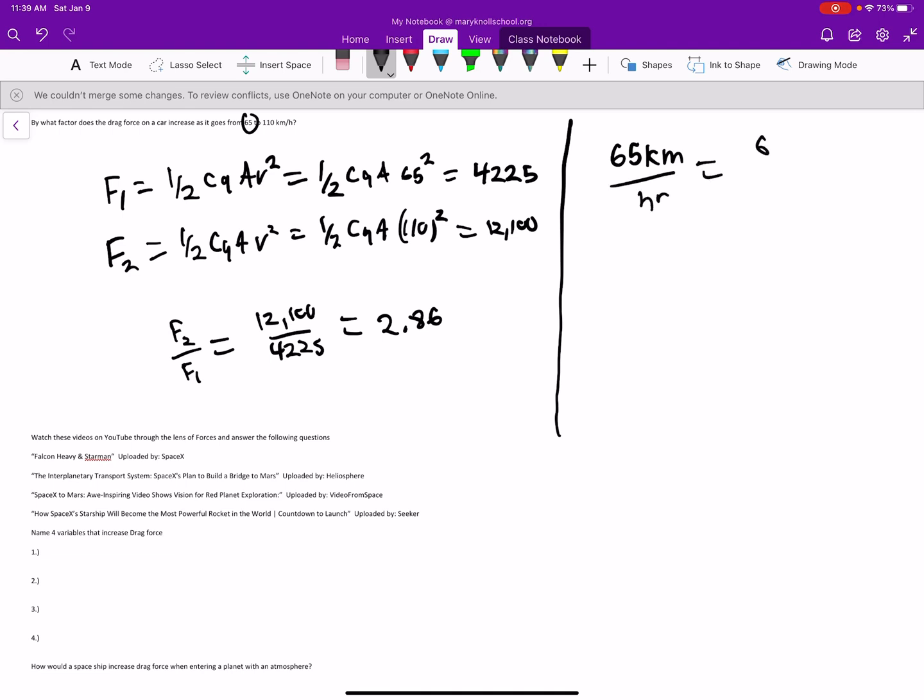So that K represents 1,000, right? So we put this 65 times 1,000 meters, and then there's 3,600 seconds in an hour.